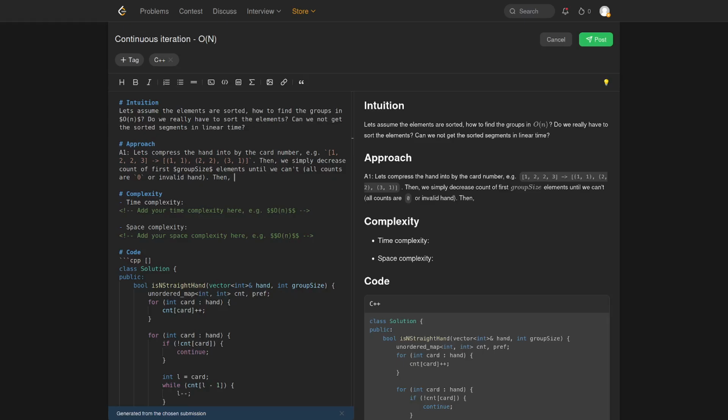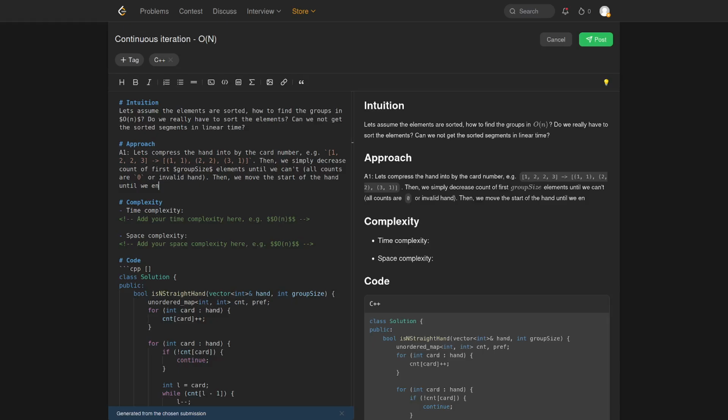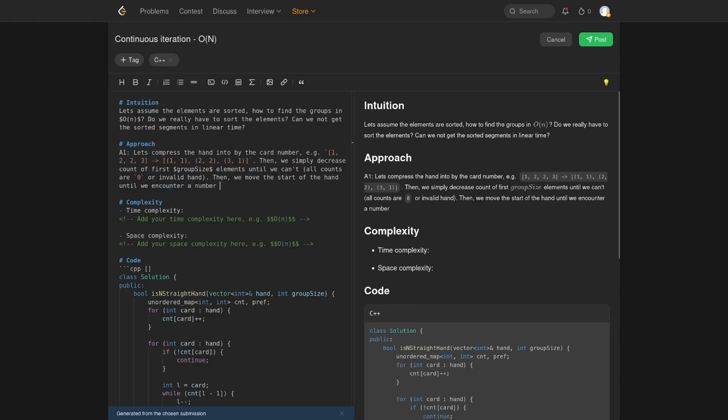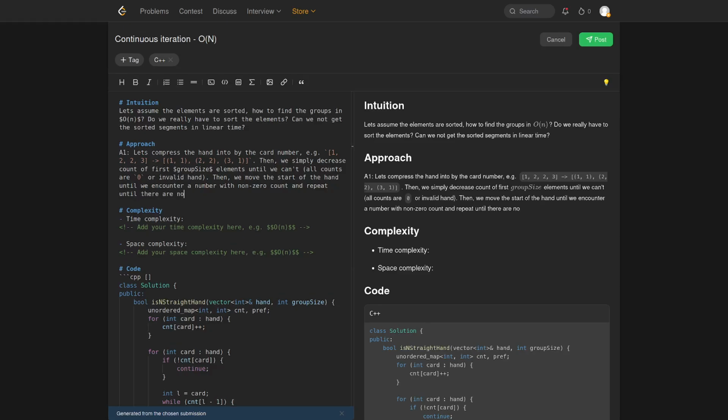Then we move the start of the hand until we encounter a number with non-zero count, and repeat until there are no more numbers left.